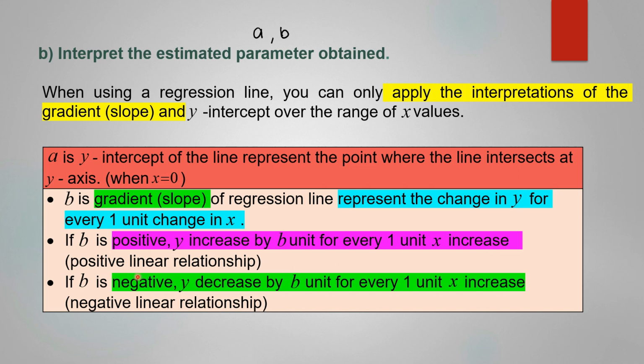In other words, we have a positive linear relationship. If your b gives a negative value, it means that y decreases by b units for every 1 unit increase in x, and it will be a negative linear relationship. So here you need to remember this interpretation.